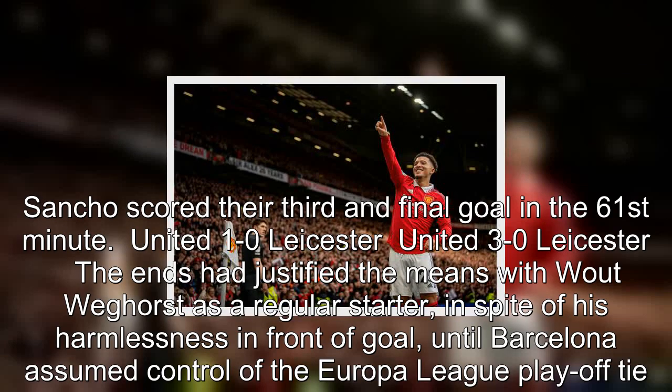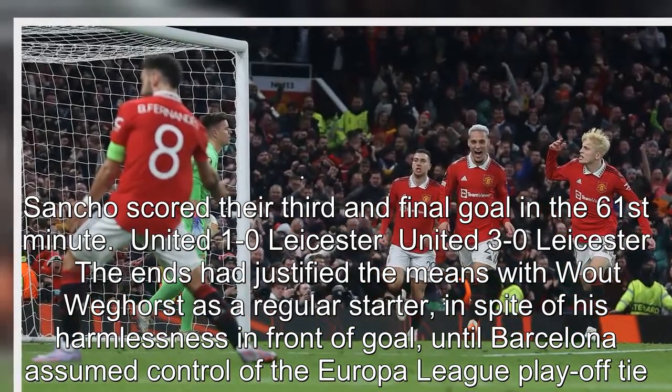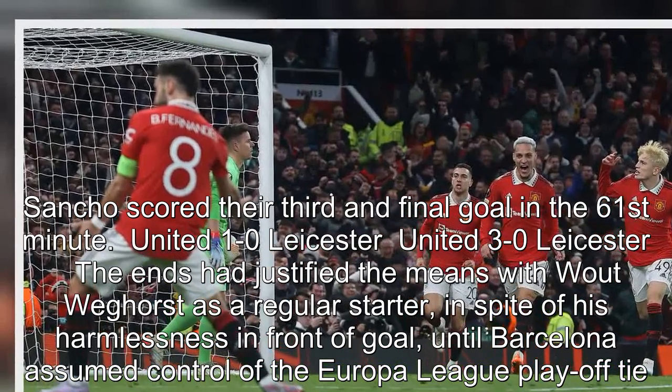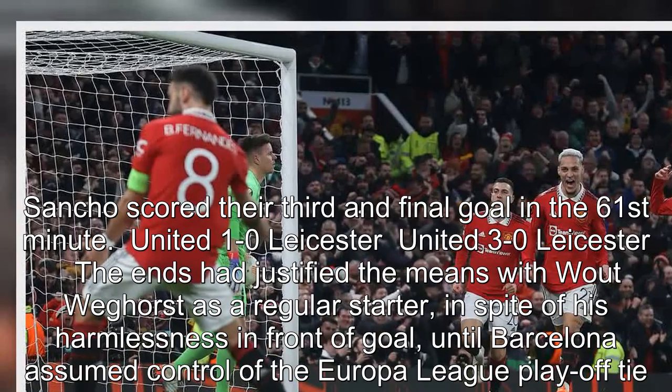Sancho scored their third and final goal in the 61st minute. United 1-0 Leicester, United 3-0 Leicester. The ends had justified the means with Wout Weghorst as a regular starter, in spite of his harmlessness in front of goal, until Barcelona assumed control of the Europa League playoff tie.